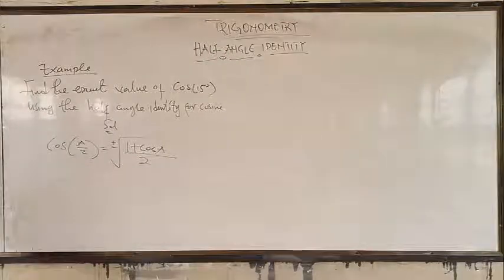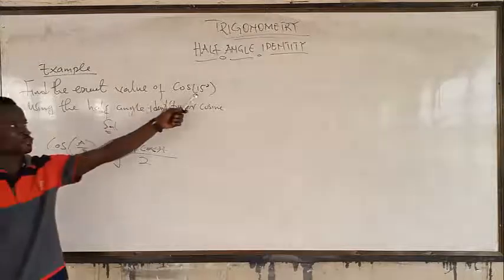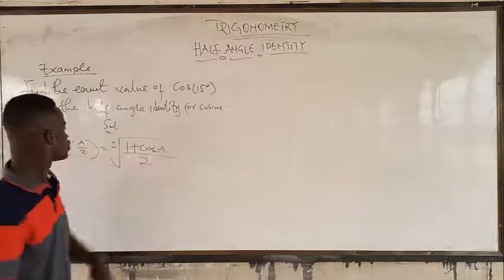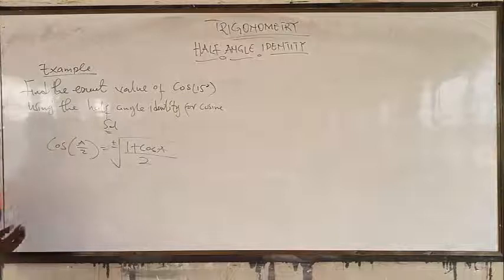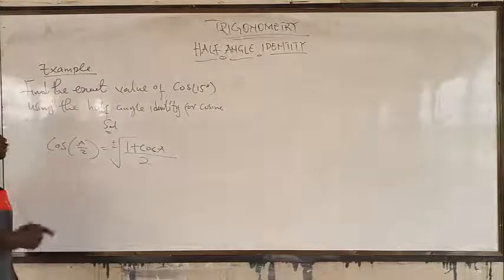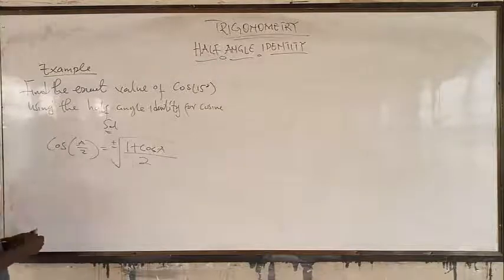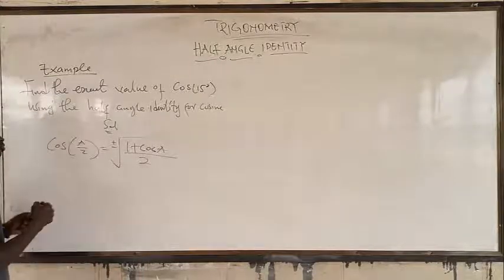That's going to be the half angle for cosine. Now you can see that what we have here is cos 15. So we need to find A to do the substitution back to this.